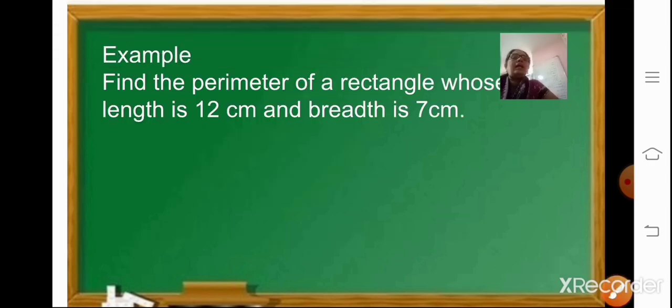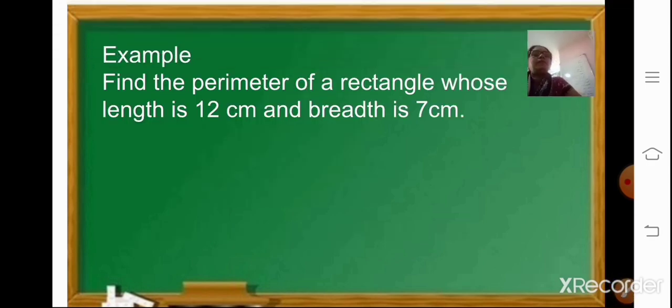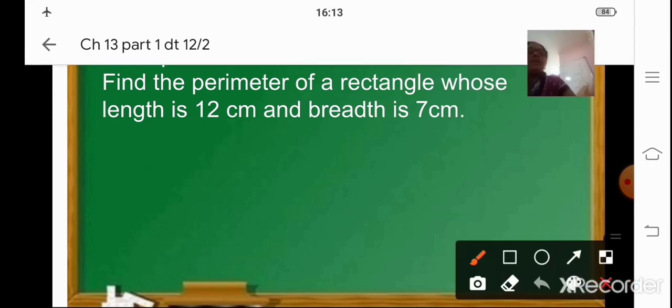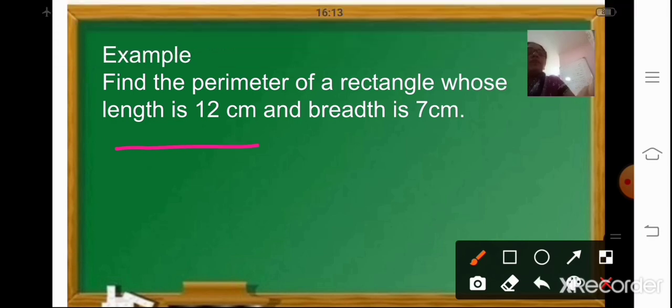Okay, let us see an example here. Find the perimeter of a rectangle whose length is 12 centimeter and breadth is 7 centimeter. We will draw a rectangle here.